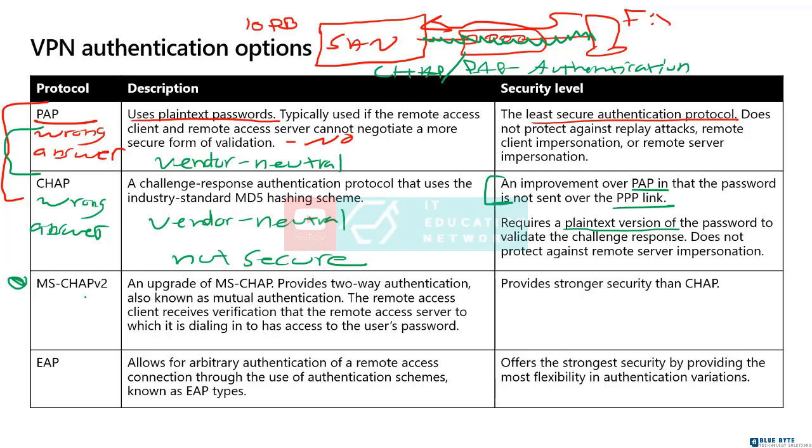But MS-CHAP v2, an upgrade over Microsoft CHAP, uses two-way authentication, and it is fully encrypted. So you have full authentication, and those authentication credentials are encrypted between the client and the server itself. So this is the standard right now for a Microsoft VPN client, MS-CHAP version 2.